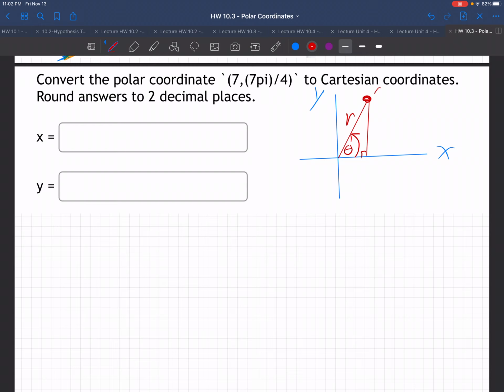Let's just start with some point right here at a distance r at an angle theta. So that would be the point r comma theta in polar coordinates.